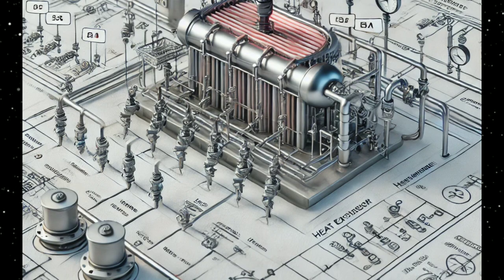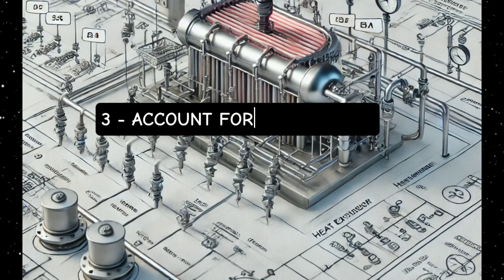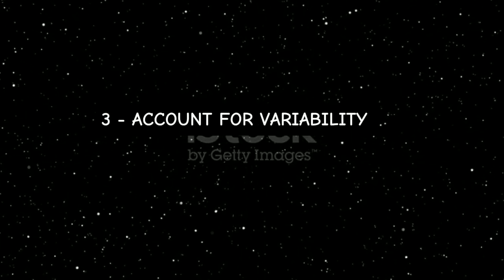Identify critical parameters. Identify the parameters that are vital for each part of the system. For instance, in a heat exchanger, the temperature and flow rates are the most important parameters. Account for variability. Consider the range of each parameter. What are the normal operating ranges?